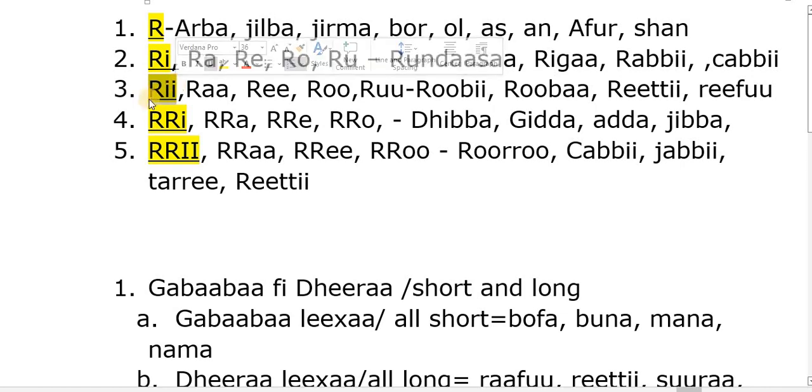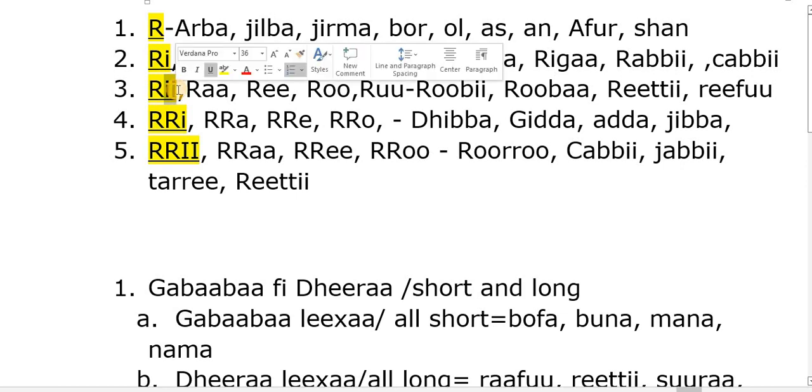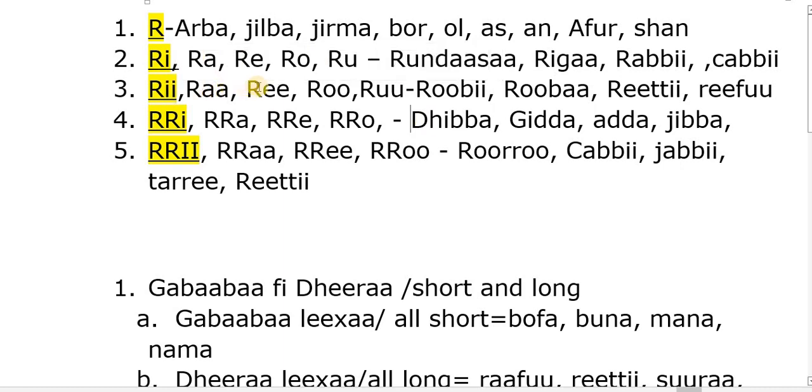I will explain to you what soft means here. But long means we stay a bit longer while we say them. Ra, re, ro, ru, like that. We stay longer on them. Ro, bi, both of them are long.